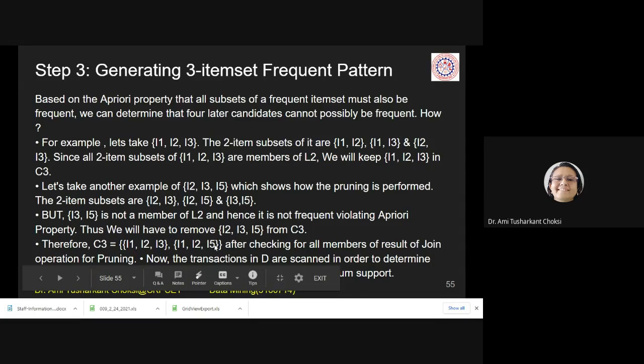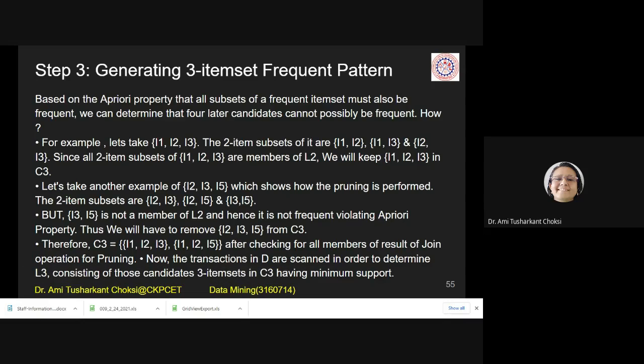So C4 should be I1, I2, I3, I5. But will we consider that? When can we consider that? We can consider that only if all the subsets of it are frequent, right?